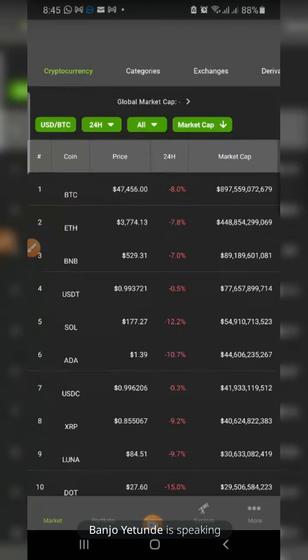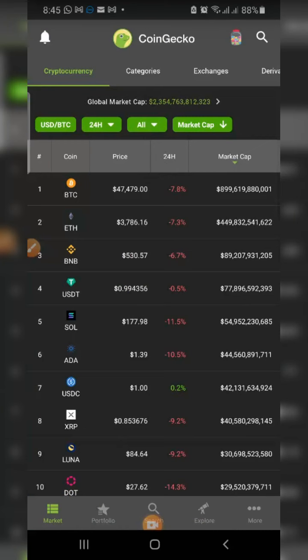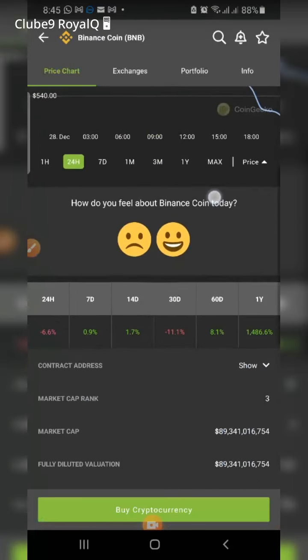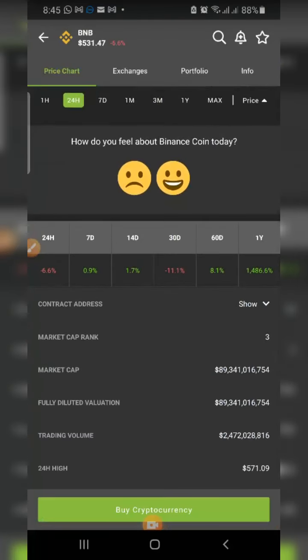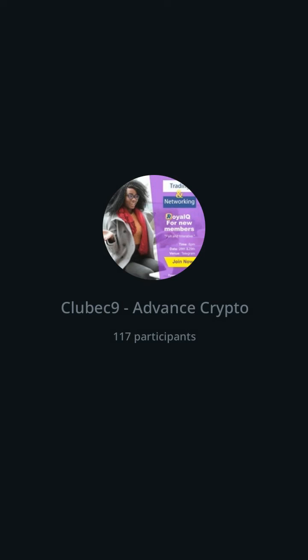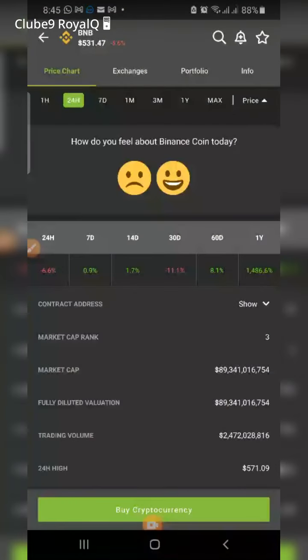I want to show you now, if you want to invest in, let's say, BNB, this app will tell you the current condition of the market over 24 hours.